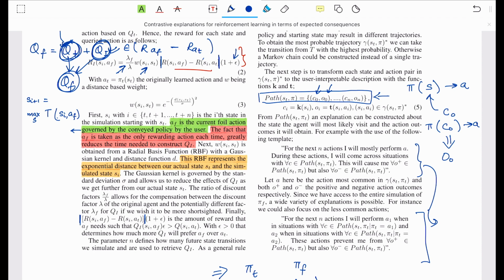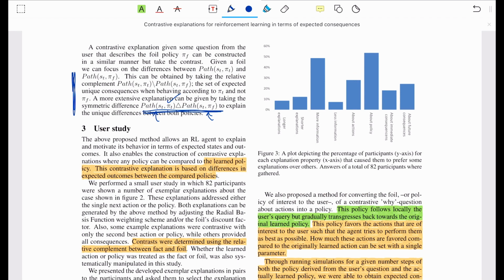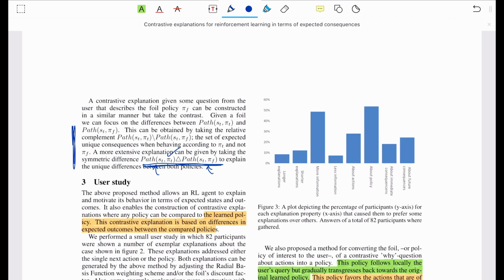We can do that to get our pi f, and then we have already seen how we can generate the contrastive explanations here. As I've already mentioned, this paper can deal with queries that involve a single action or maybe a full-on policy.